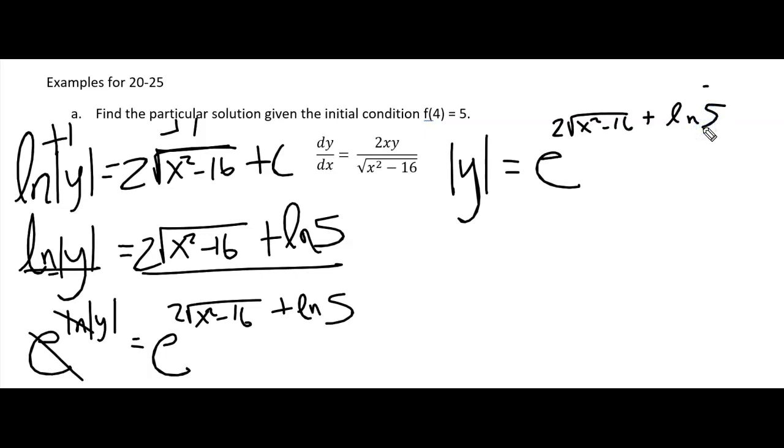Now, we don't need the absolute value bars because this is an e function. Exponential functions are always greater than 0. The exception would be if there was a negative in the front here. That would change everything. Now the function would always be negative. But without the negative, exponential functions are always greater than 0.